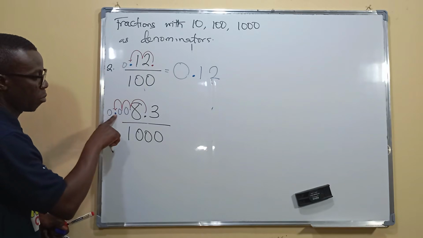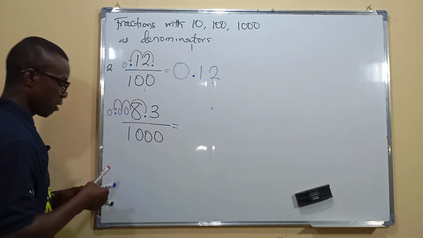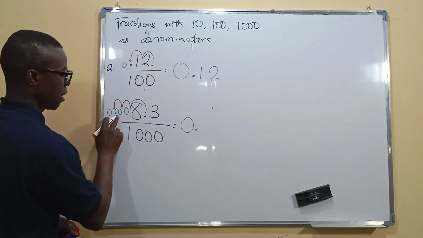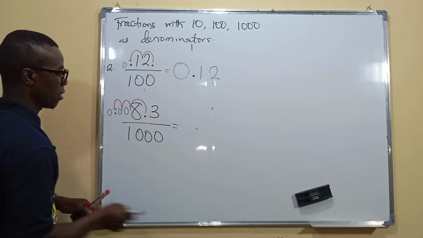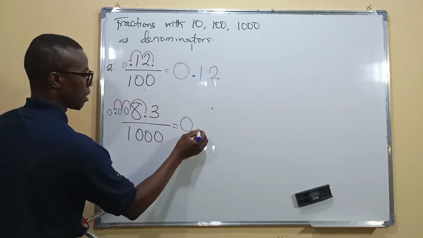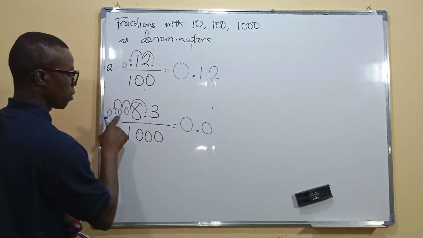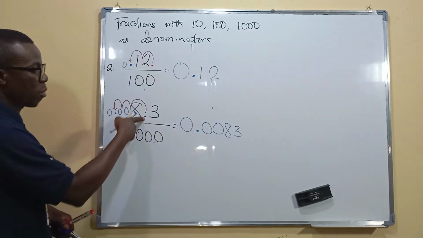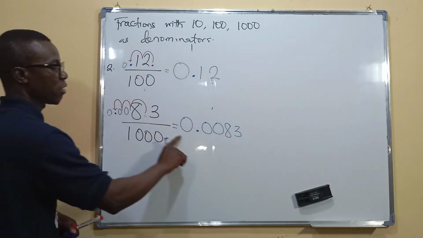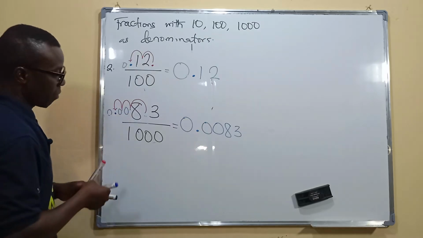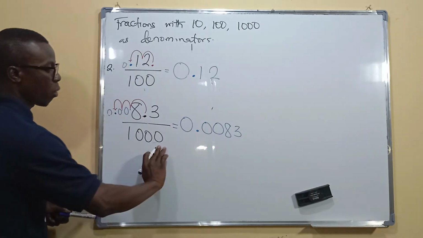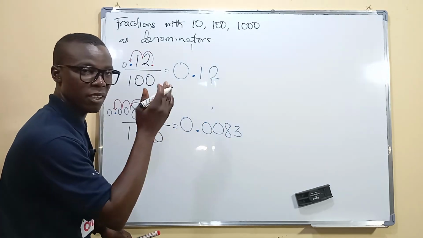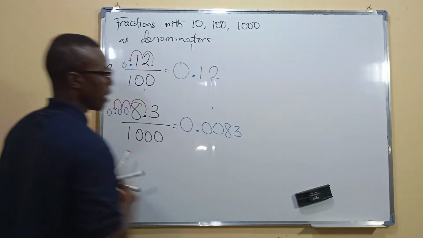So to write this properly, this becomes 0, the point, then 0, then another 0, and then I'm going to have 83 because the decimal point has moved here. So 8.3 divided by 1000 becomes 0.0083.